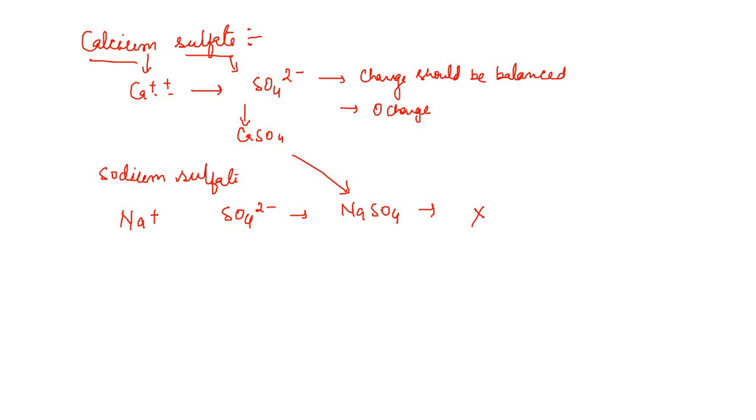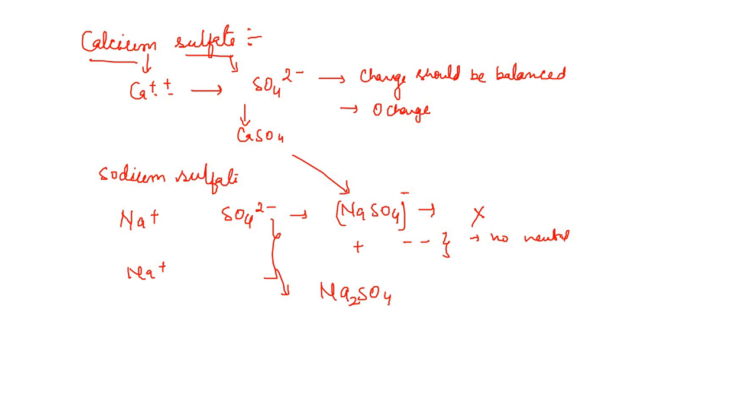Because if I write NaSO4, it means I'm saying this is 1 plus and that is 2 minus, so it has a total minus charge. It is not neutral. So to neutralize this I need to put 2 Na. Now is it balanced? Yes. So the final formula should be Na2SO4.